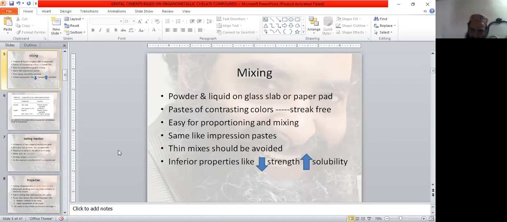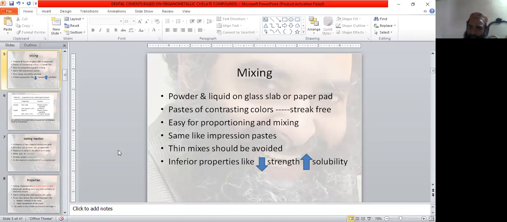Easy for proportioning and mixing means if pastes of contrasting color are there, we can proportion and mix in an easy way.